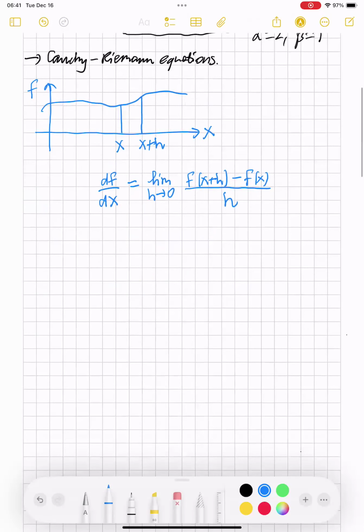Now, let's take a look at the complex plane. The complex plane is two-dimensional, so let me draw the 2 dimensions here. We call this horizontal axis x as usual, and we call the vertical axis y as usual.